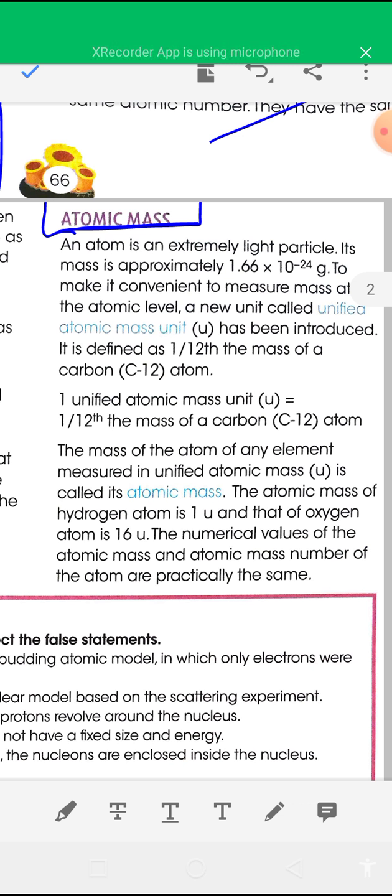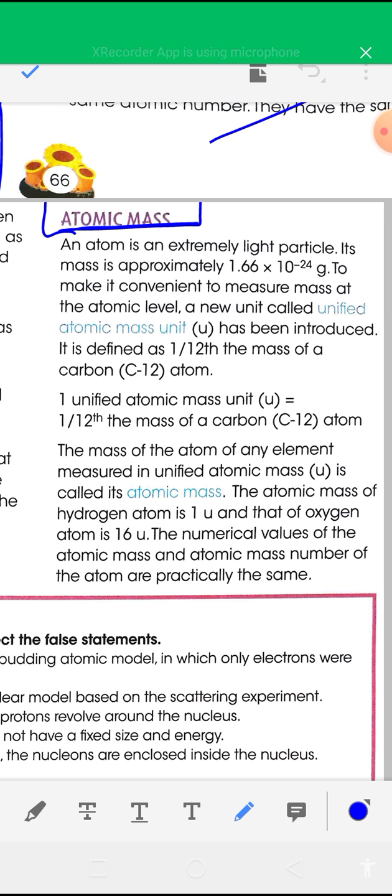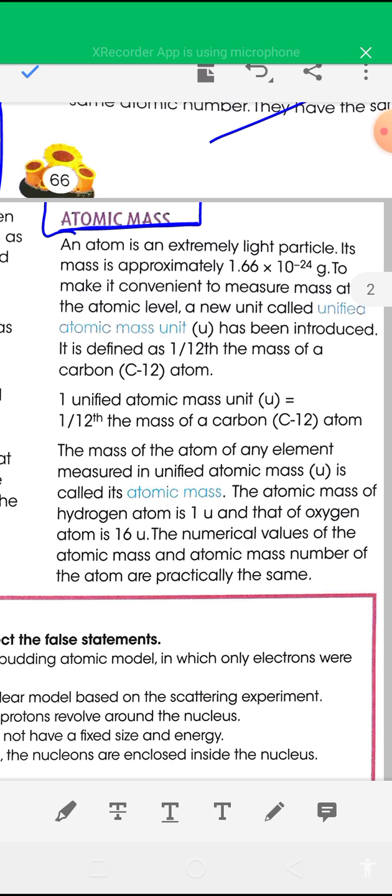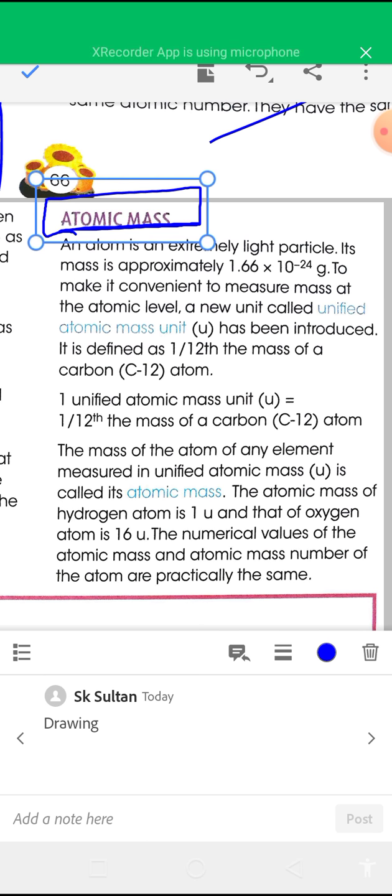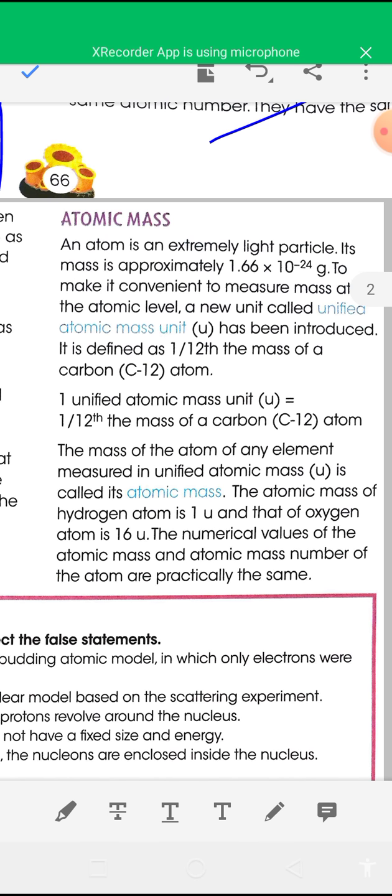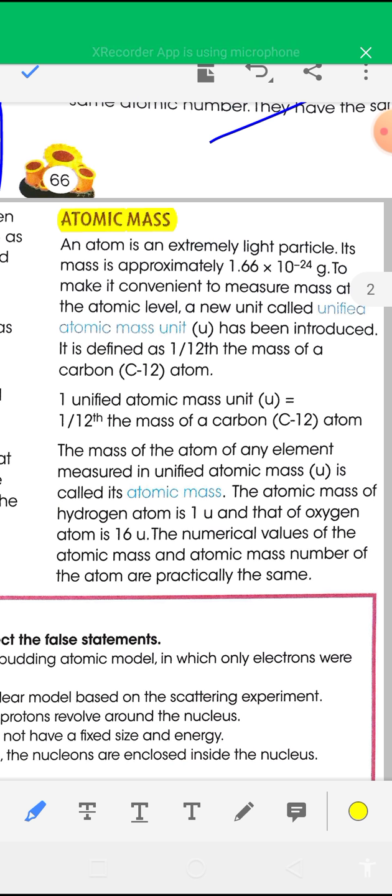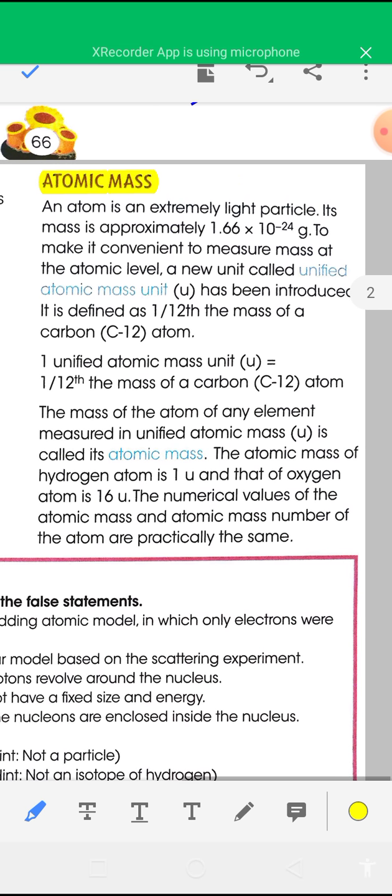But an atom is an extremely small and light particle, so it is very difficult to measure the mass of an atom in kg or gram units. So the mass of an atom is generally measured in unified atomic mass units.